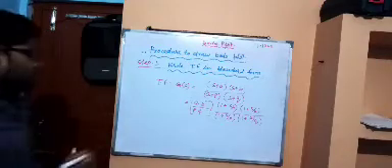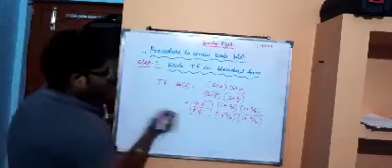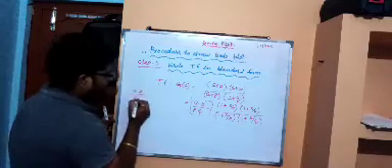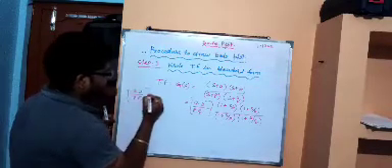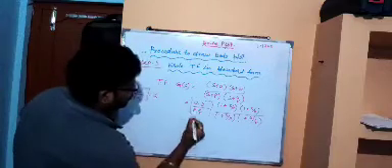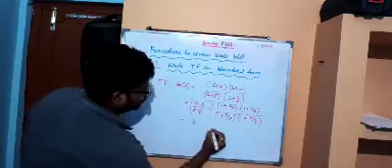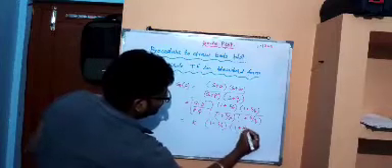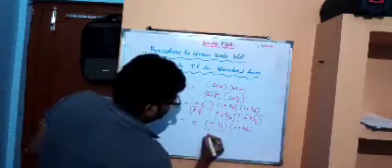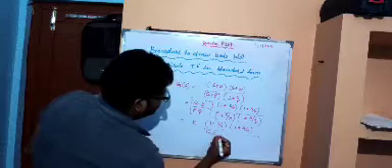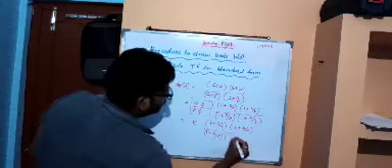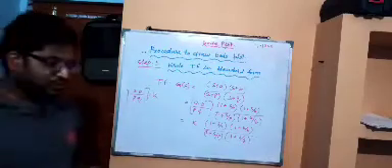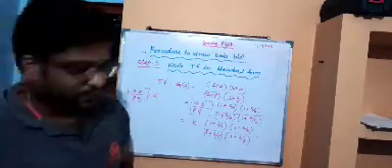And this constant a dot b by p dot q we consider as K. So this expression becomes K into 1 plus s by a into 1 plus s by b divided by 1 plus s by p into 1 plus s by q. So this is the standard form of the transfer function.